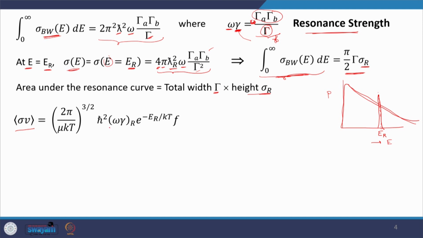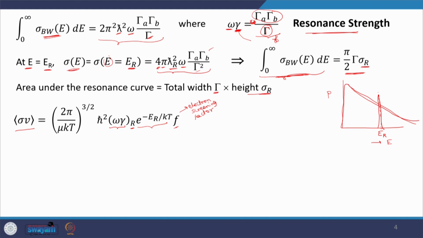Okay. So, this is the strength of the resonance exactly at the resonant energy, and this is the Maxwell-Boltzmann distribution term, and this is the electron screening factor F. Though it is negligible, just for the sake of representation, I am including this F also in the reaction rate.